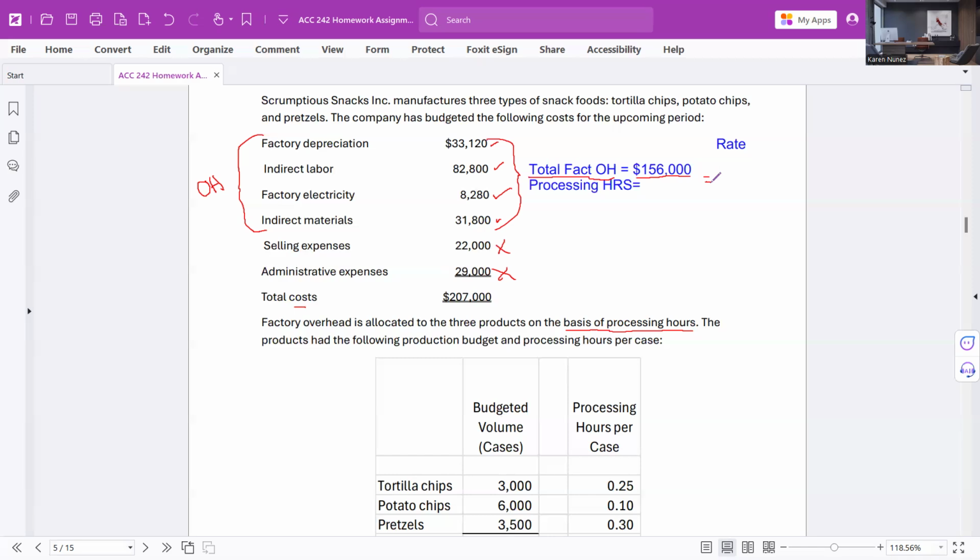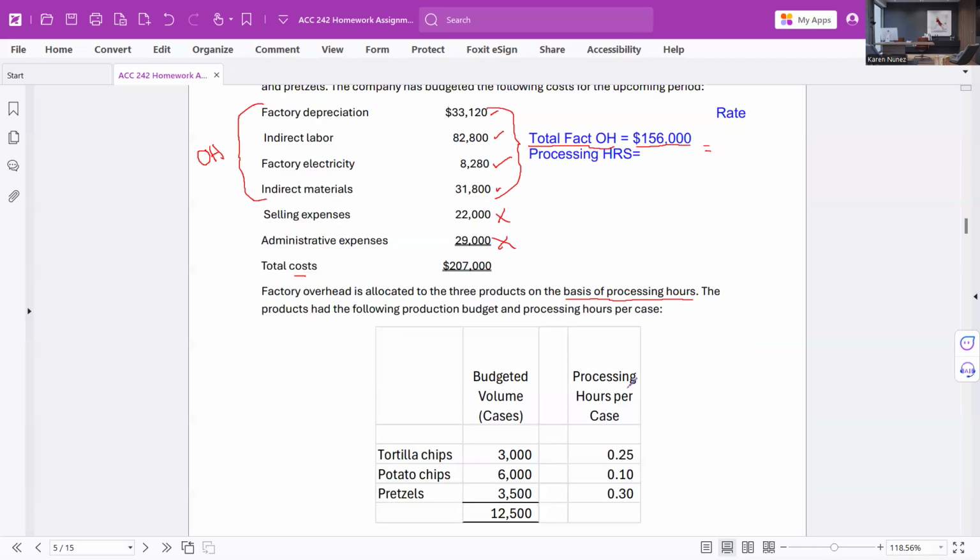We're going to do the same kind of thing we did in the last exercise. If we want processing hours, then take the number of cases, 3,000 tortilla chips times 0.25 hours will give us the total processing hours. 6,000 cases times 0.1 processing hours will give us the total hours. And 3,500 times 0.3 will give us the total processing hours.